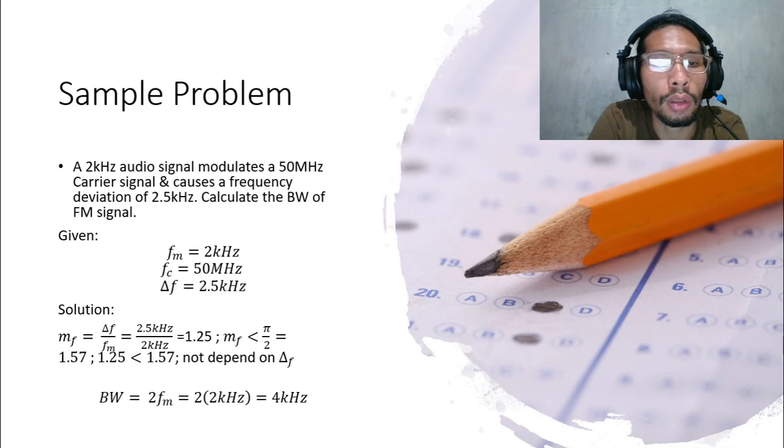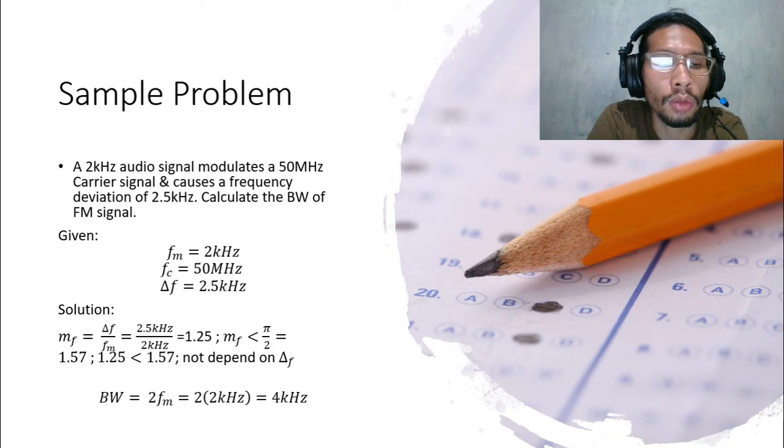And according to Carson's rule, if the modulation index is less than pi over 2 or 1.57, then the FM bandwidth will not depend on the frequency deviation. So in here, the modulation index is less than 1.57.